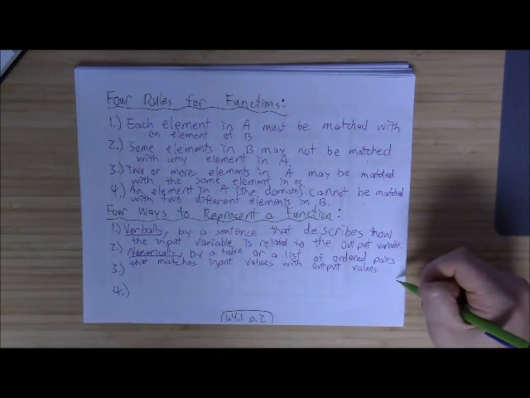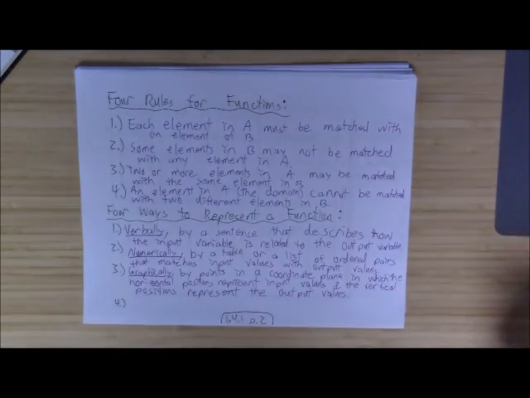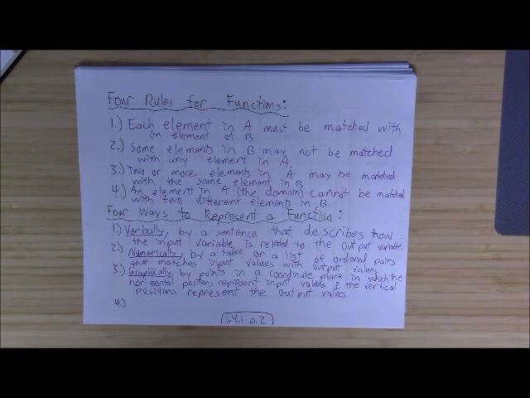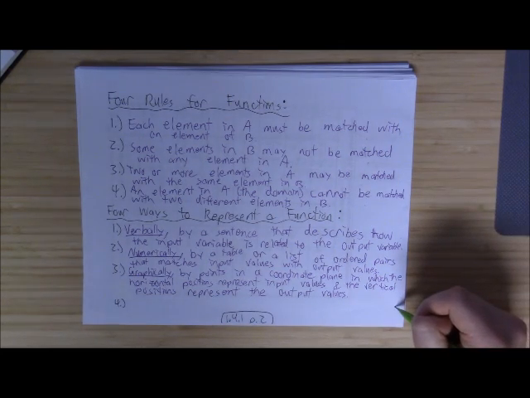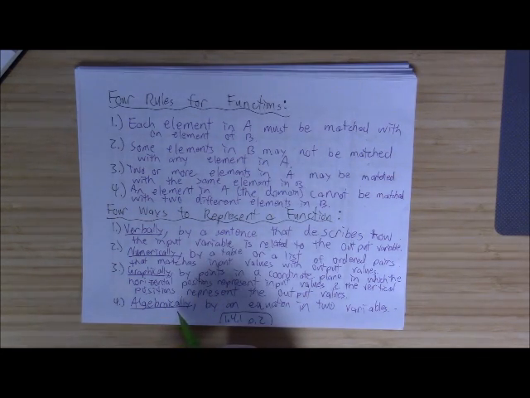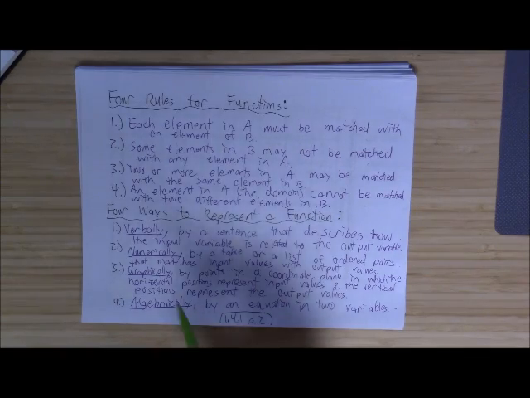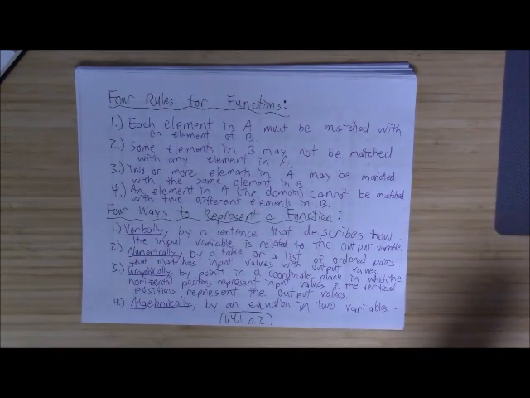The third way is graphically, where we use points in a coordinate plane where the horizontal positions represent our input values and the vertical positions represent the output values. And finally, the last way is algebraically, which is using an equation in 2 variables. In practice, we'll use graphical and algebraic representations throughout most of the course, but it is good in practicality and real-world applications to think verbally and numerically as well about functions.